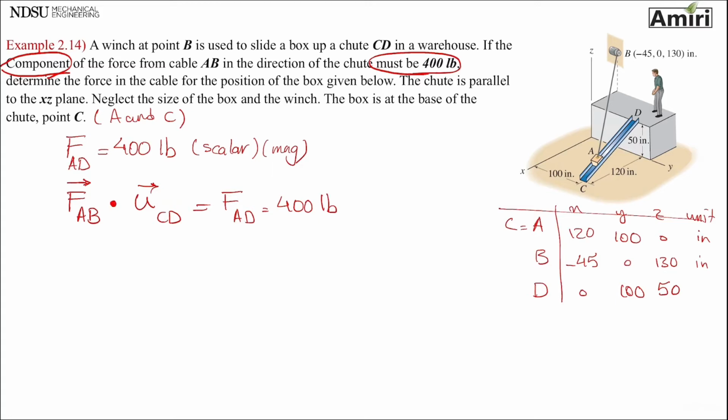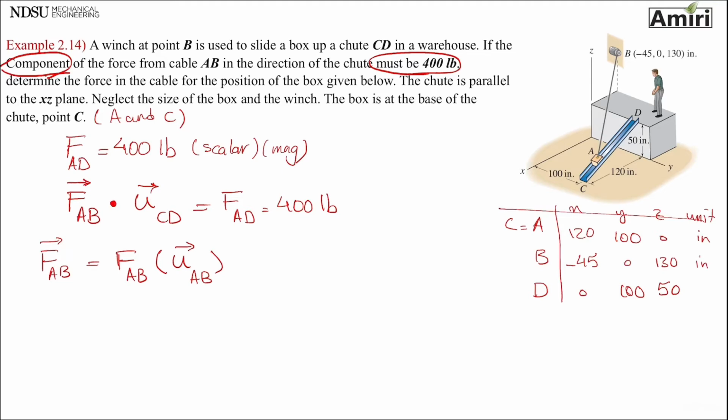Okay. So let's find FAB first. FAB is the magnitude of AB times the unit vector of AB. So not a dot product.